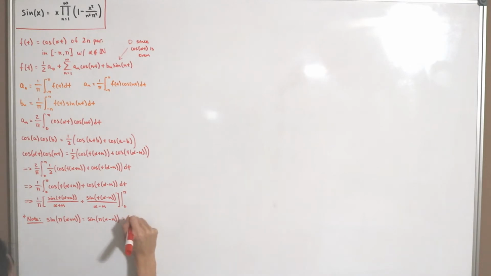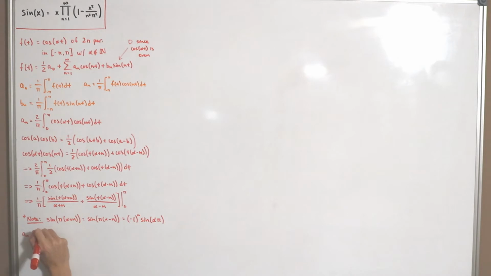So it's (-1) to the power n, multiplied by sine of alpha times pi. When we do this, we can simplify some more. So let's write a sub n as (-1)^n multiplied by sine of alpha times pi, and then we divide this by pi.